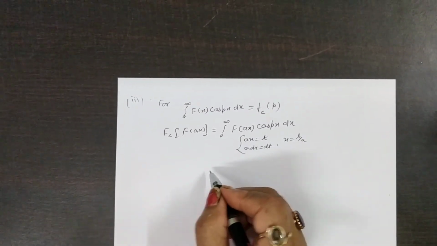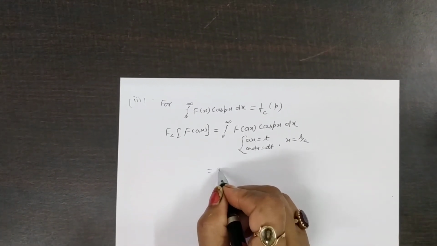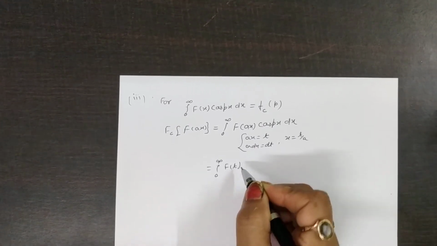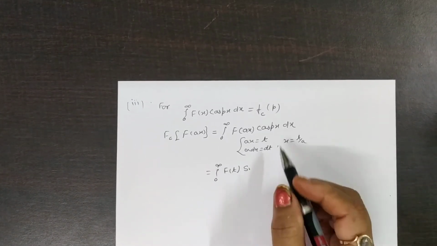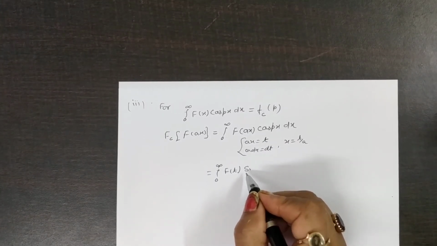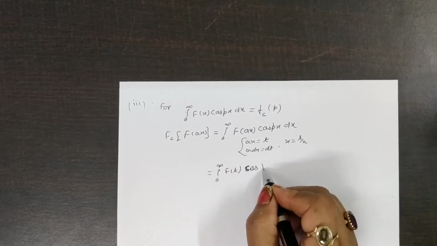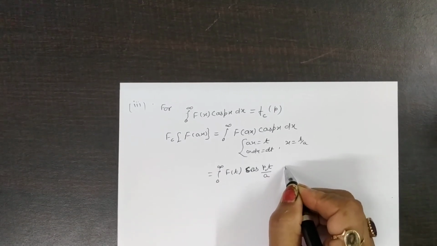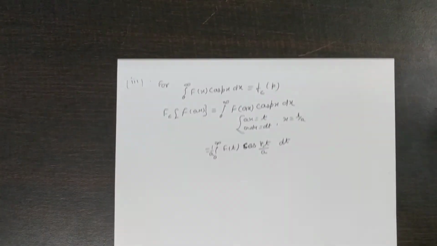Putting this, we get 1 by a times the integral from 0 to infinity of f(t) cos of p t by a dt.